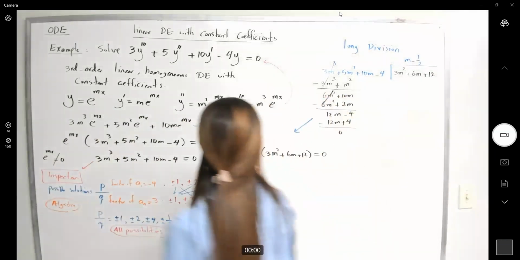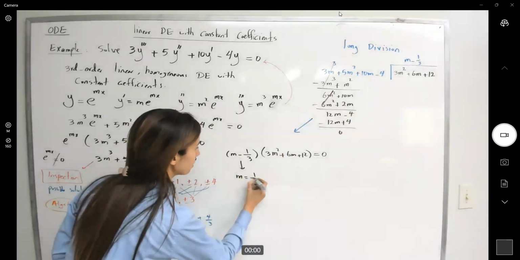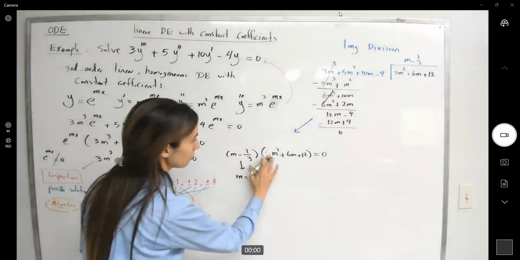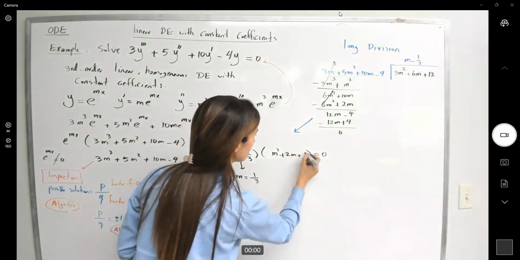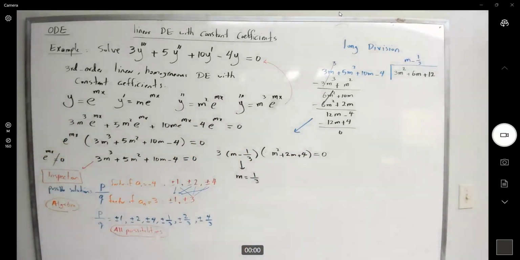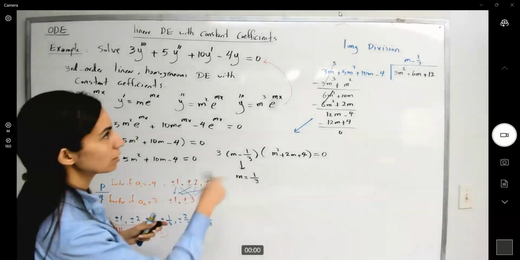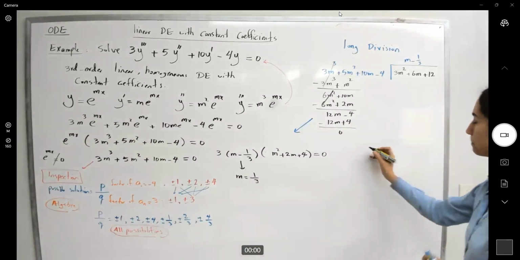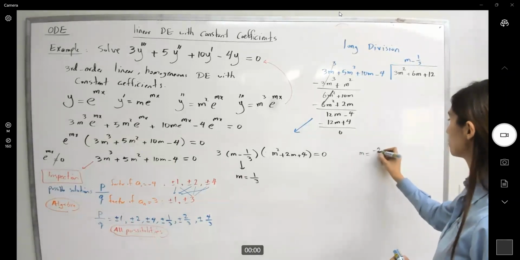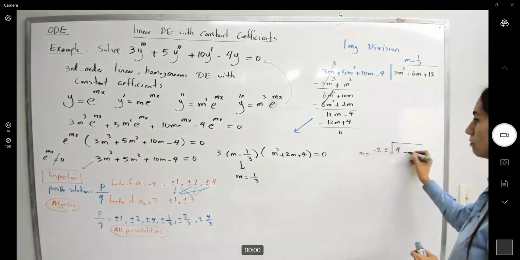So by solving this, m is a third. If you factor out 3, you get m squared plus 2m plus 4. So solving this, you get m equals -2 plus minus square root of b squared minus 4ac, all divided by 2.